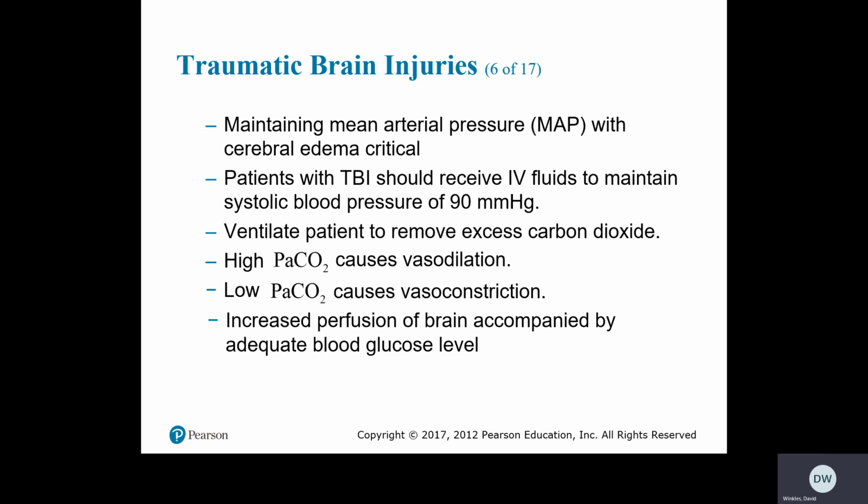We're not looking to alter and cause third spacing of any kind. We don't want to pull fluid here or there. So we want to maintain that blood glucose level, optimally between 70 and 100. So if you have to give glucose to somebody with a head injury, we're not giving them a full amp. We're not giving them a half an amp. We're going to give them what they need in order to be normalized, but not hyper.